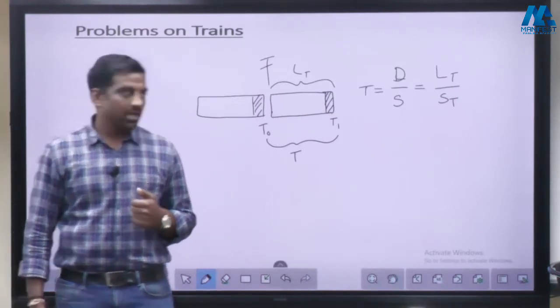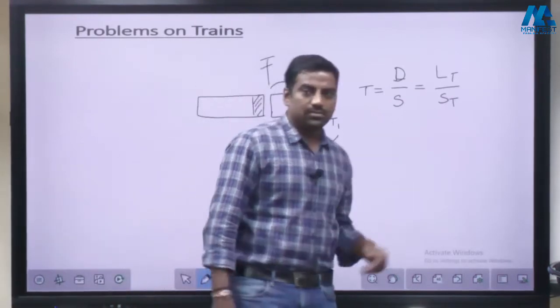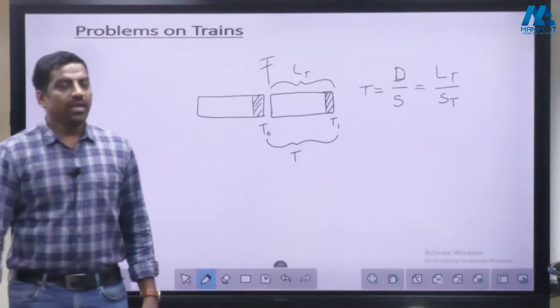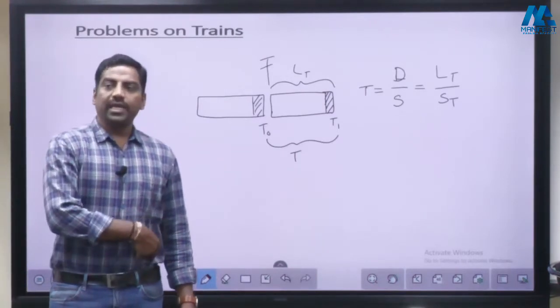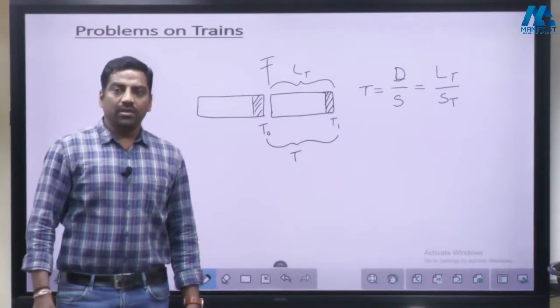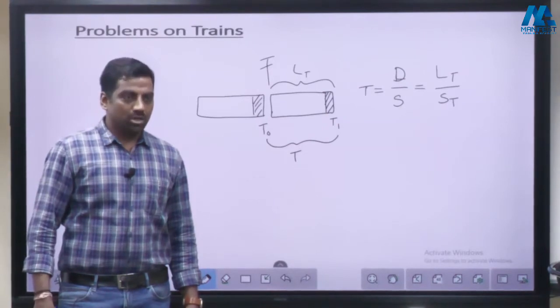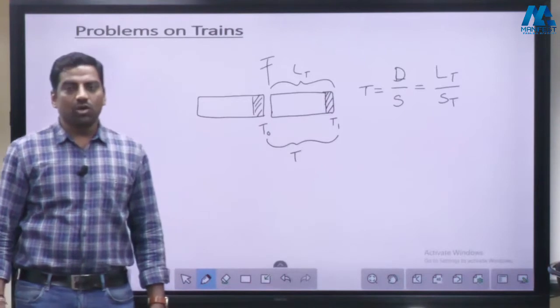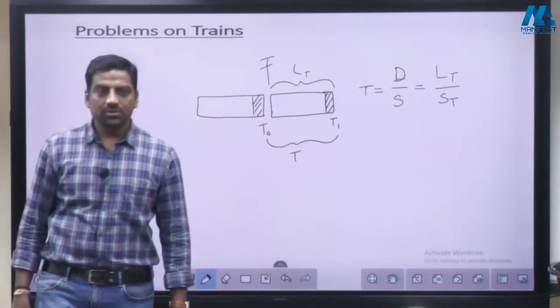Okay. So take this one. And here we are not taking the breadth of the pole or the tree into account. Yes?